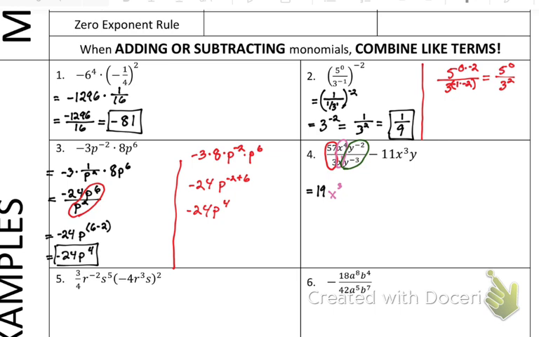It actually equals a positive 1. So we have y to the first because, and I'll maybe put that in there just for our notes, that negative 2 minus a negative 3 does equal a positive 1. And then we have minus, let's change that back to black. Minus 11x cubed y.